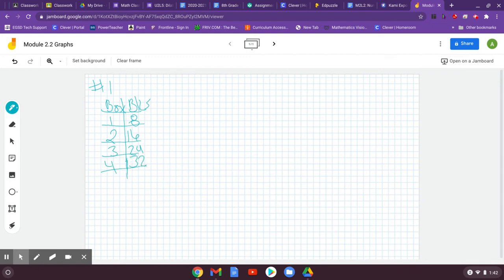So they're all positive numbers, so I only need the first quadrant. This is my boxes. This is my books. Again, on down here, I'm going to go every other. 1, 2, 3, 4, 5.